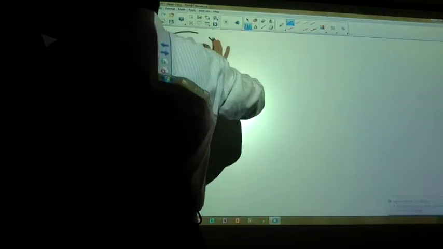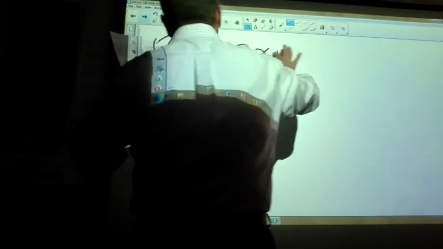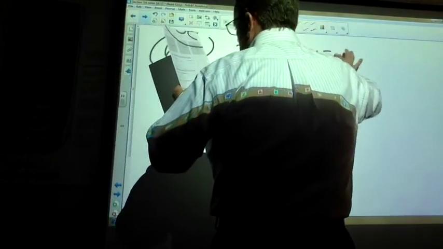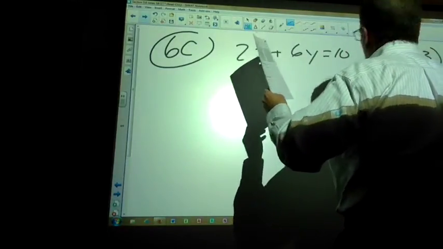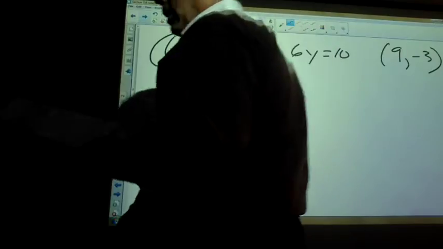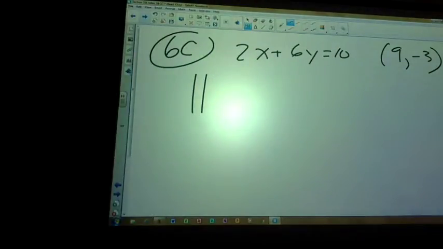6C. You have 2x plus 6y equals 10. We want an equation parallel to that which goes through the point. So I want to figure out what the slope of this line is.